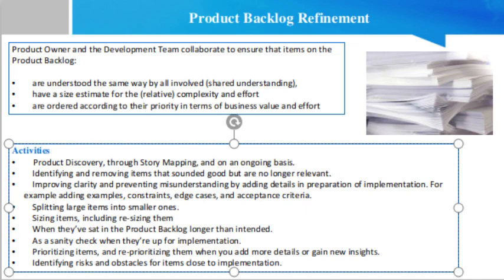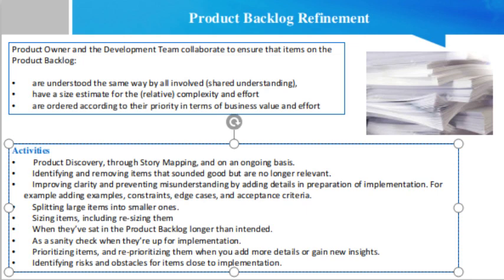In Scrum, backlog refinement is an ongoing process in which the product owner and the development team collaborate to ensure that items on the product backlog are understood the same way by all involved, a shared understanding, have a size estimate for the relative complexity and effort of their implementation, and are ordered according to their priority in terms of business value and efforts required.